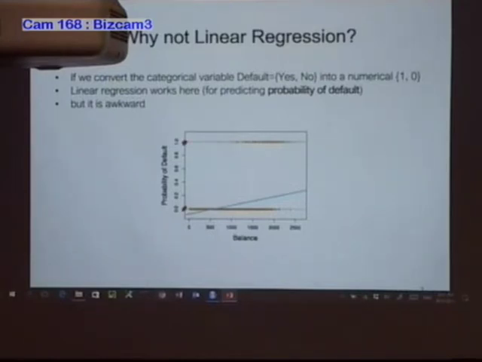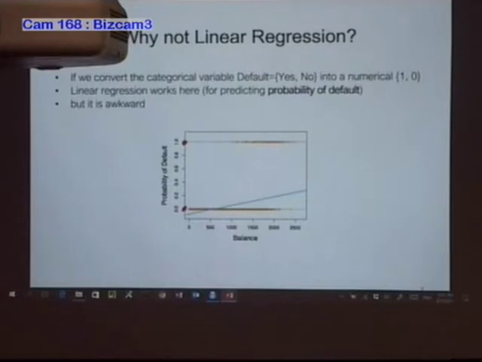There are a bunch of good guys centered around here, and a bunch of bad guys over here. If you run regression, that's still a valid data set for regression. You can still run it. The blue line is the resulting line.